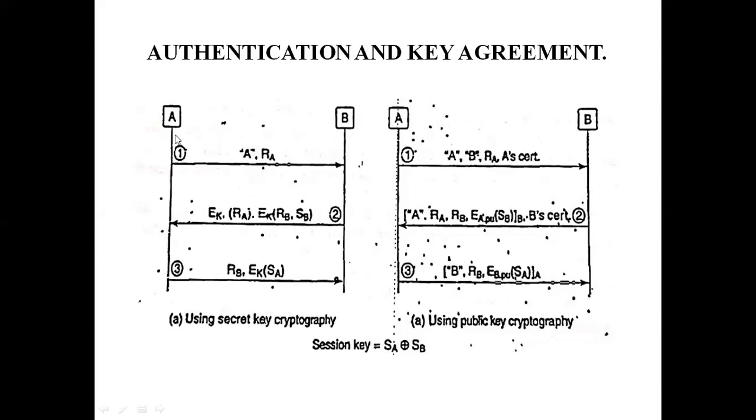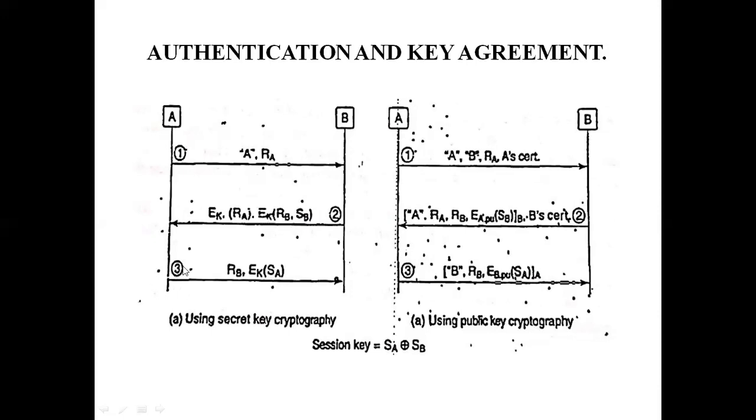Here A sends its identity A along with the nonce RA to B. B encrypts the nonce RA sent by A, along with RB and SB, the secret contribution of B.